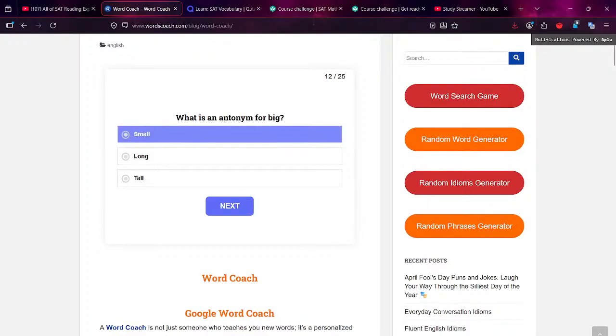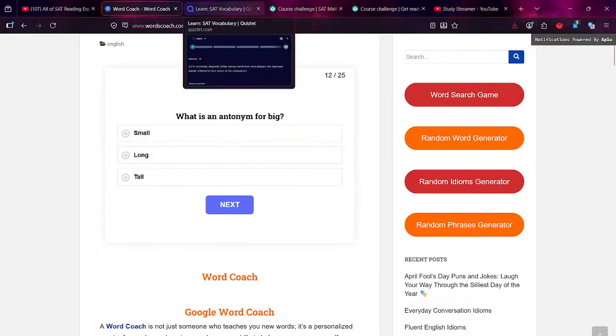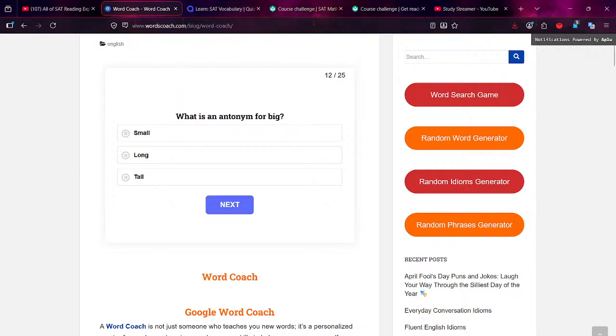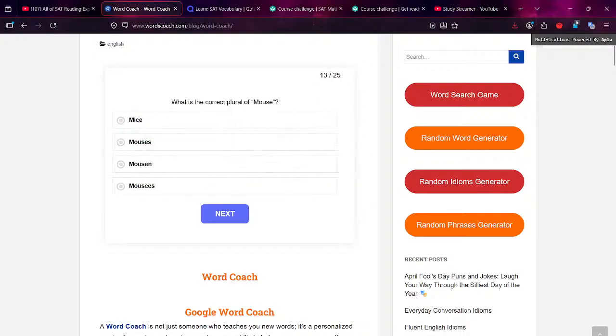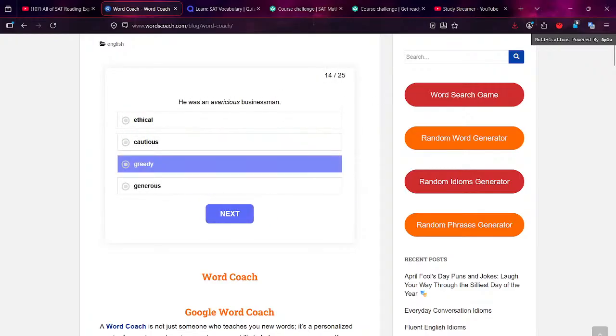These are pretty easy vocab words, but the next set is probably going to be a little bit harder. What's an antonym for big? Small. It's going to be mice. This is a bit tough. It's describing a businessman.